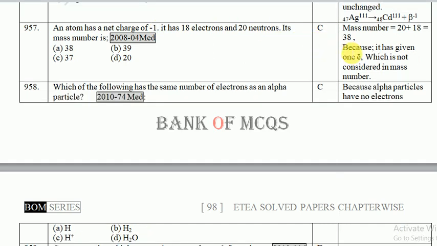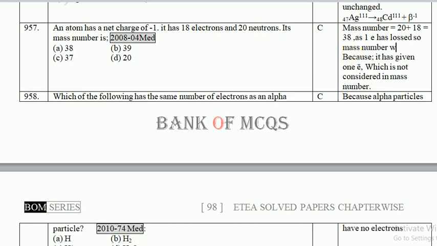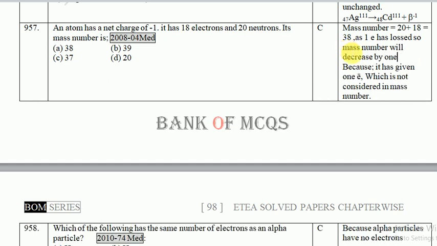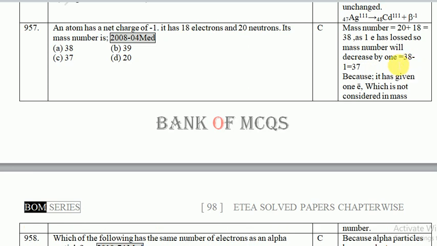So the mass number will decrease by 1 because when an atom gains an electron, the proton number decreases. So it will be 38 minus 1, that is 37, so option C is correct.